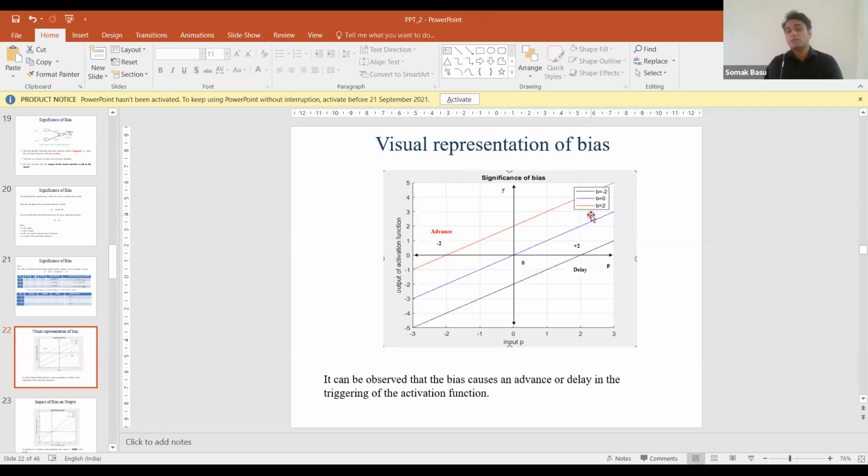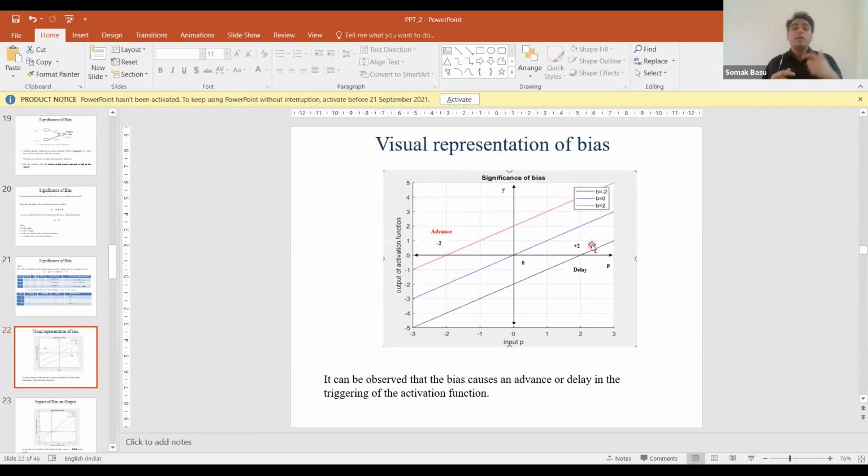Maybe you'll wait for 2 hours. So in the normal condition, this is the activation function. You take the decision over here. In case there is a bias of minus 2, you take a quicker decision. You take it earlier. In case the value of the bias is plus 2, you delay your decision. So you can either delay your decision or you can advance your decision. That is based on the bias.